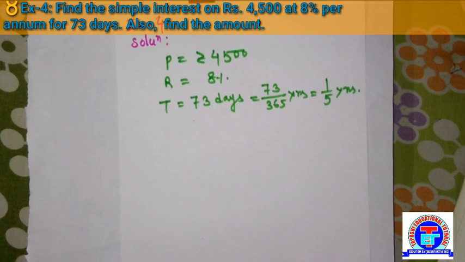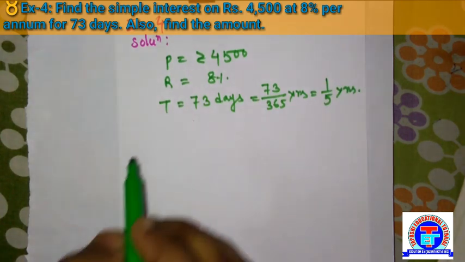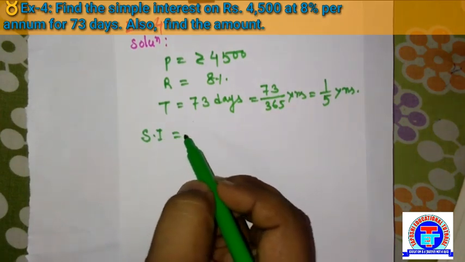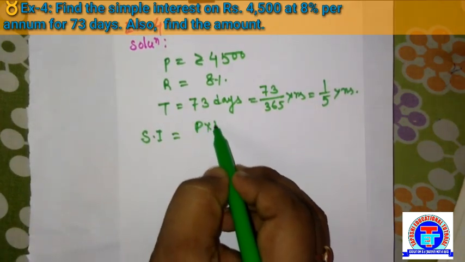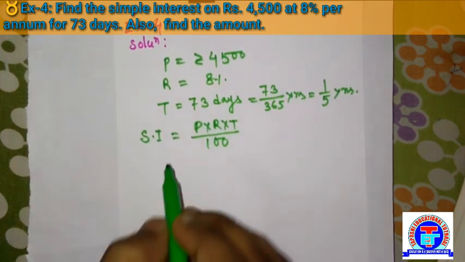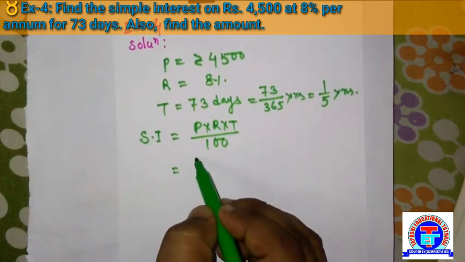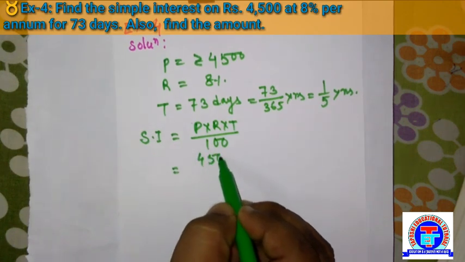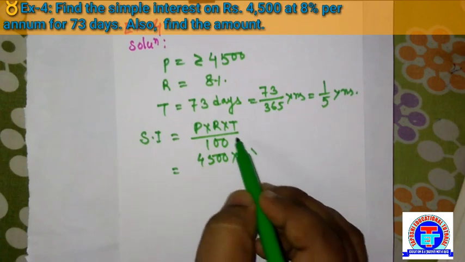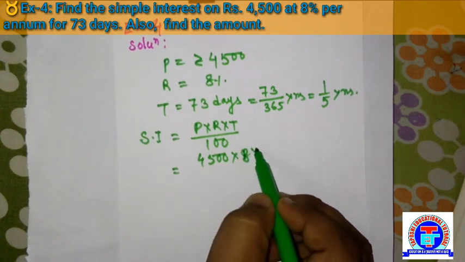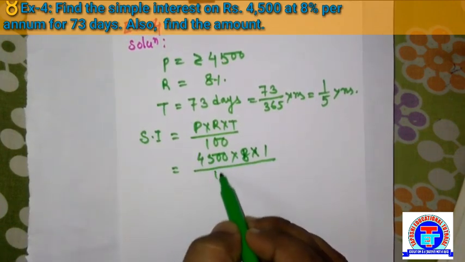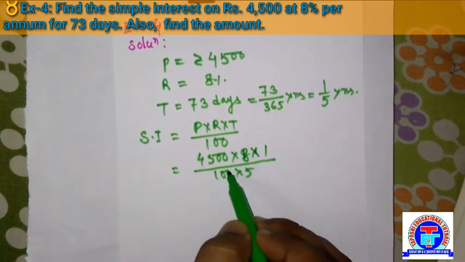Now we find out the simple interest SI, which is equal to P into R into T divided by 100. So put the value here: rupees 4,500 into 8% into 1 by 5, that means 8 into 1 by 100 into 5.